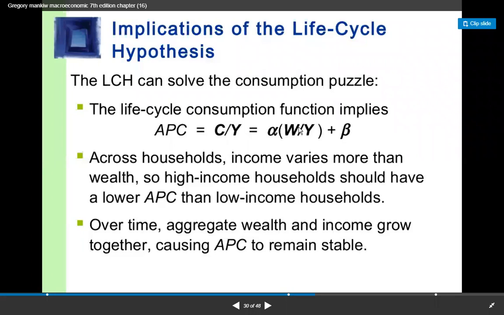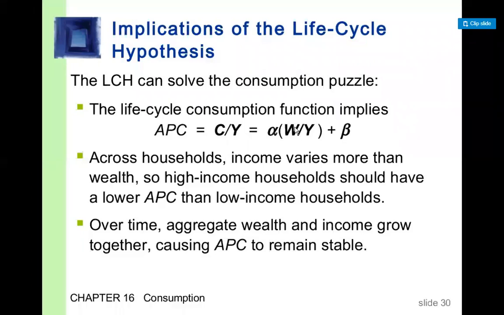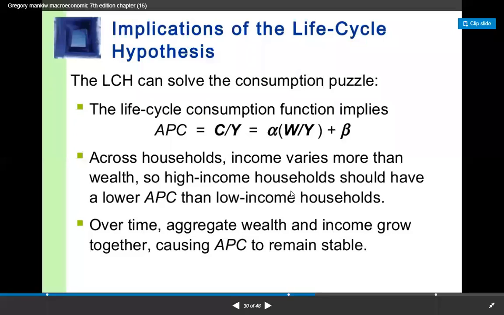Yes, that is very simple. This one we have discussed. The first puzzle is very interesting: high income households have a lower APC than lower income households. That is very simple. Higher income households have a lower APC than that of low income households.